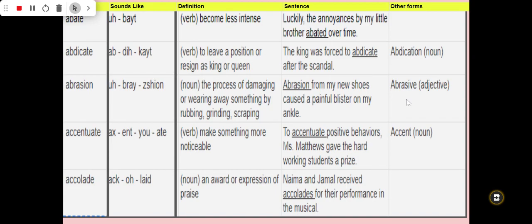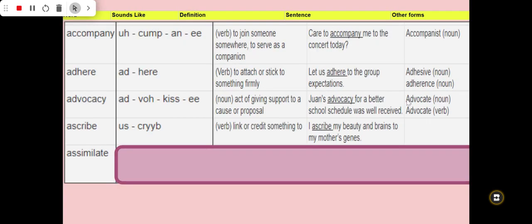Otherwise, I'm moving on. The next word, accompany, means to join someone somewhere, to serve as a companion. This one's great because if you know the word company and you know the prefix means add to or toward, you are going toward company.